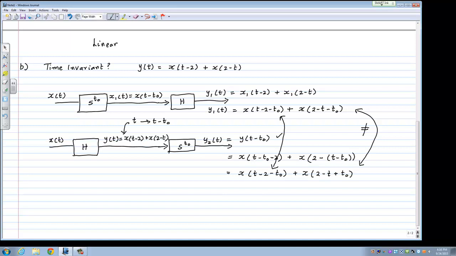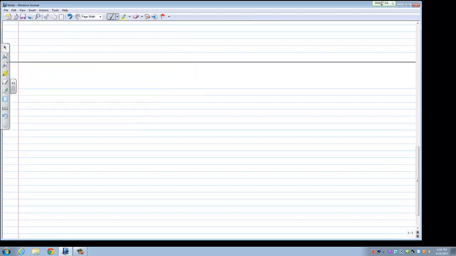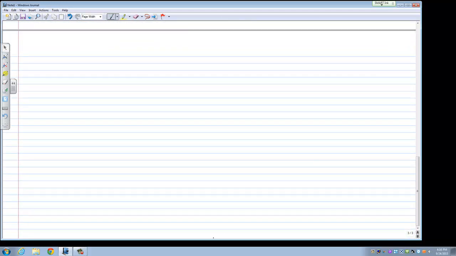Okay. Let's think about why this system is not time invariant, or let's look for an example to show that the system is not time invariant. I mean, this is not the only input. You can consider many inputs.